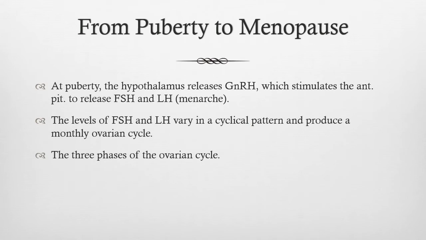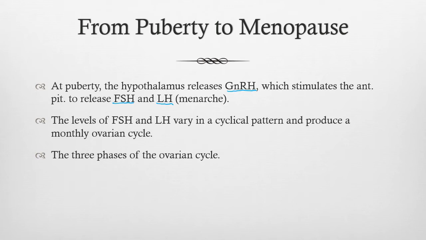So back to puberty, when we start the process of maturing one of those oocytes, this begins with the production of FSH and LH. FSH and LH are needed for the processes of the menstrual cycle itself. At puberty, up until this point, FSH and LH have not been released because the hypothalamus has not been releasing gonadotropin releasing hormone, or GnRH.